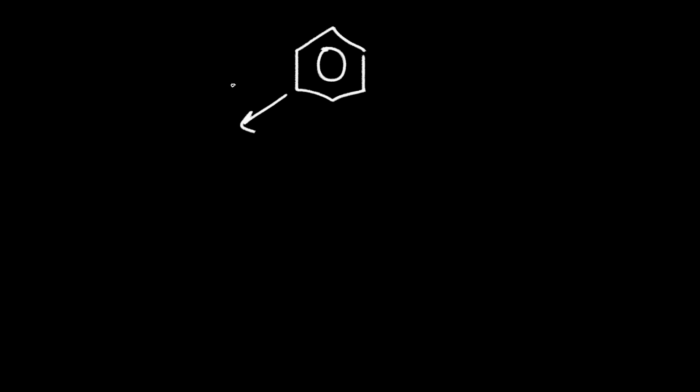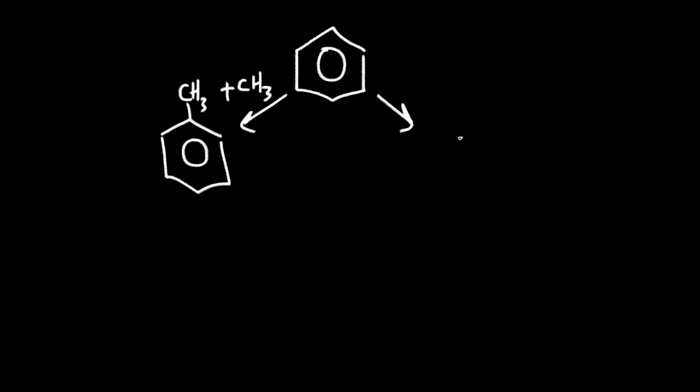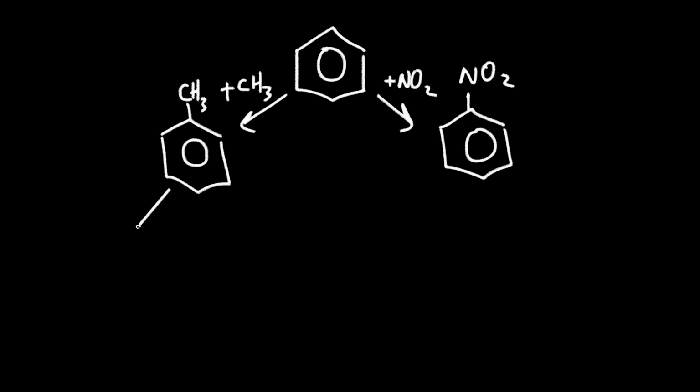So we could either add the methyl group first, like this, or we could add the nitro group. And then we just have to add the other substituent to the ring, so in this case the NO2 group. But the question is, where on the ring does the NO2 group add?